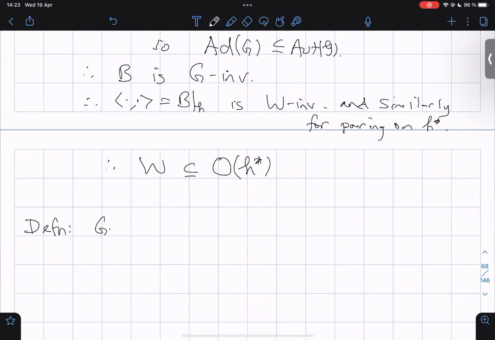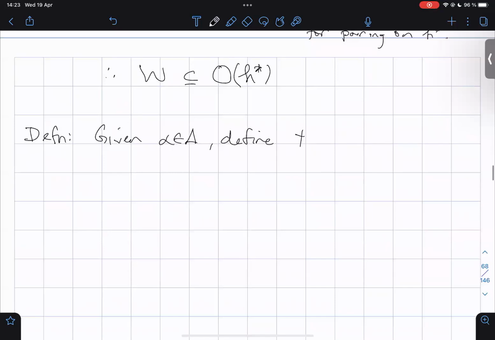So given a root, we're going to define the reflection S alpha. And here we could either do it on H star, or even be more specific, on the real form, because that's where all the action is, right?